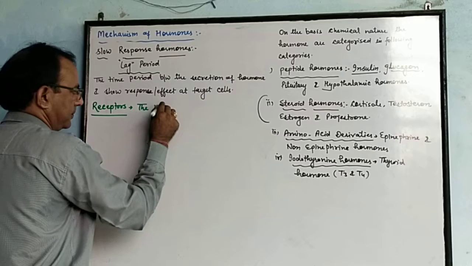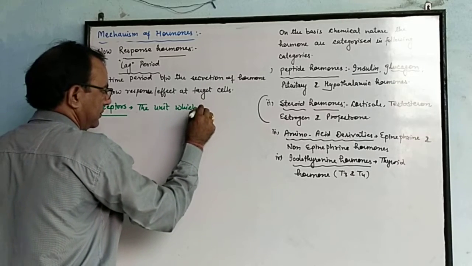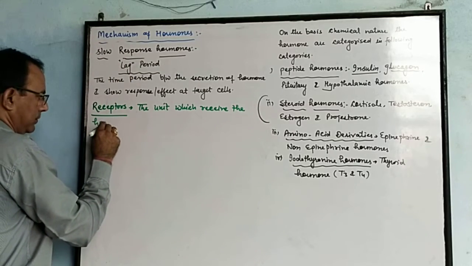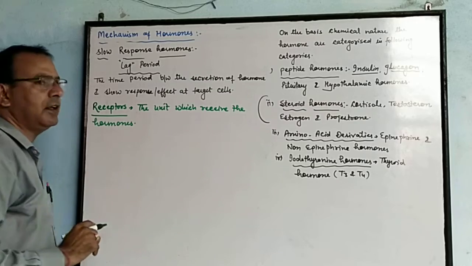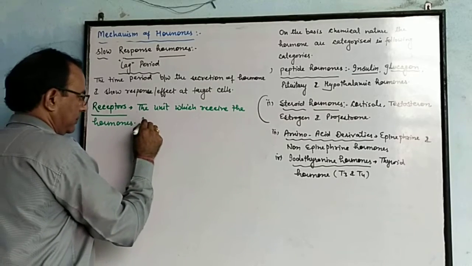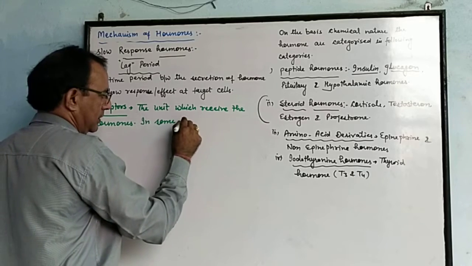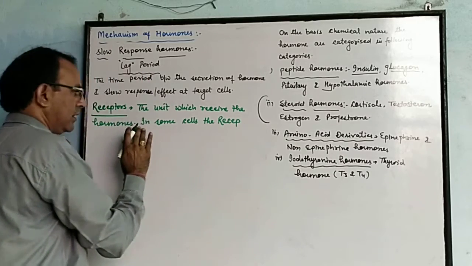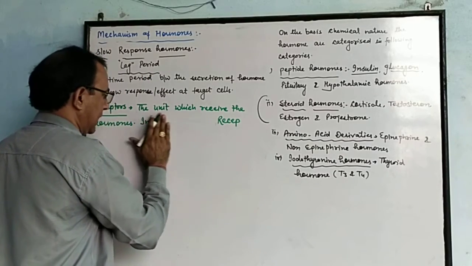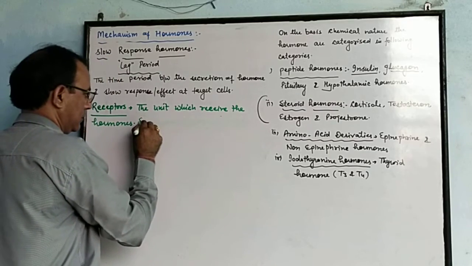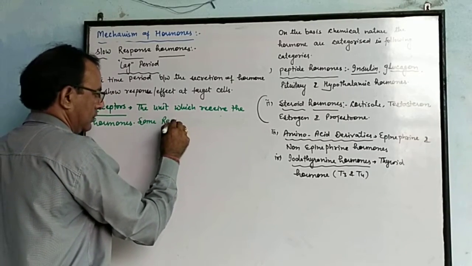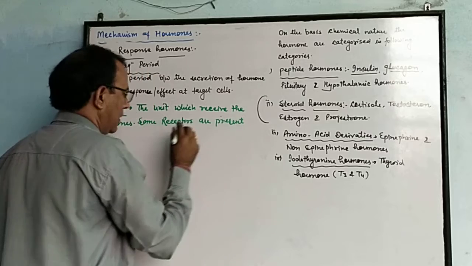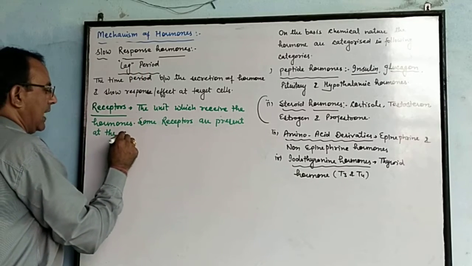The units which receive the hormones are called receptors. In some cells, the receptors are present at the cell membrane.